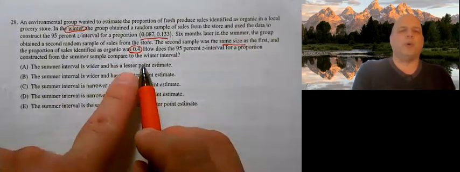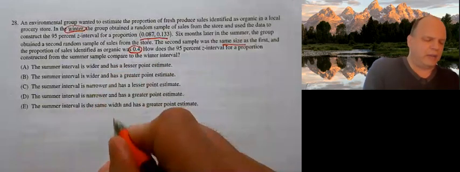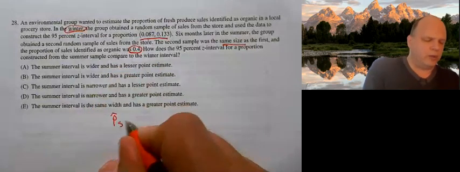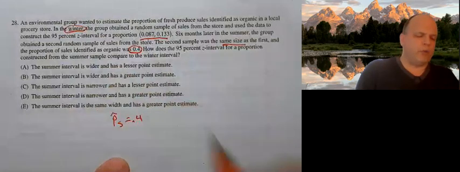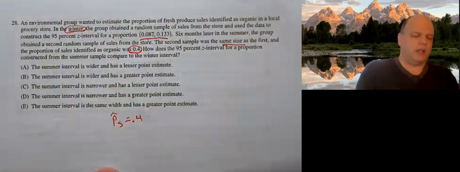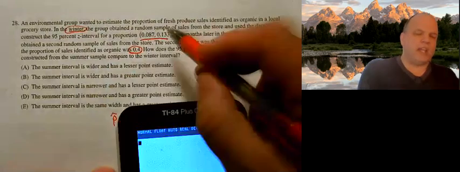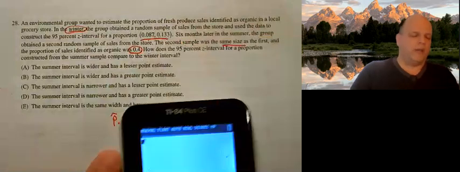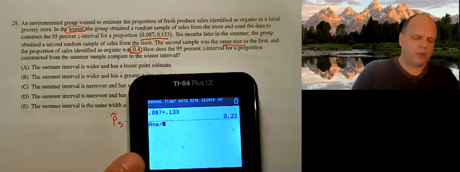Let's start off with the point estimates. Well, the point estimate for summer, the p hat for the summer, is 0.4. Well, what was the p hat for the winter? Remember, my best estimate is always in the center of my interval. So 0.087 plus 0.133, and divide that by 2.